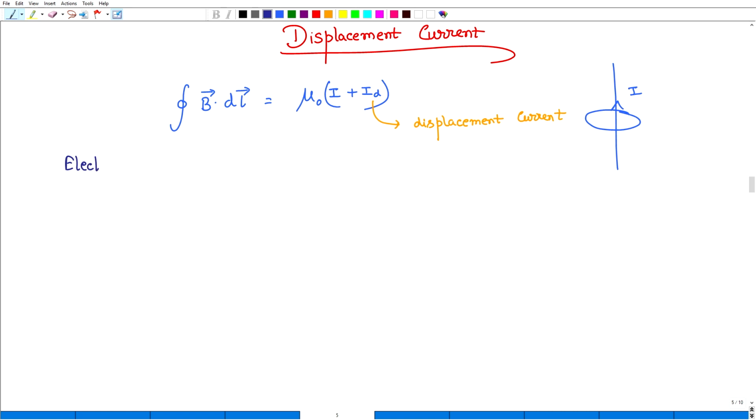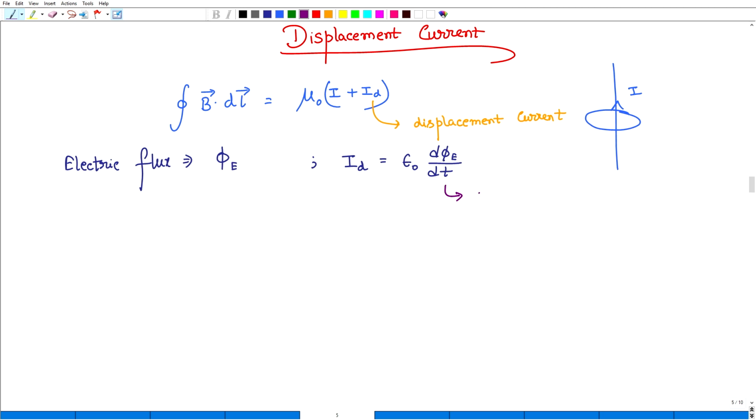Electric flux, this is phi E. Okay, and this displacement current I D equals epsilon naught into d phi E dt. We can see from our physical understanding that if there is no electrical flux changing with respect to time, that means there is a constant electric field, then this part d phi dt is essentially 0.